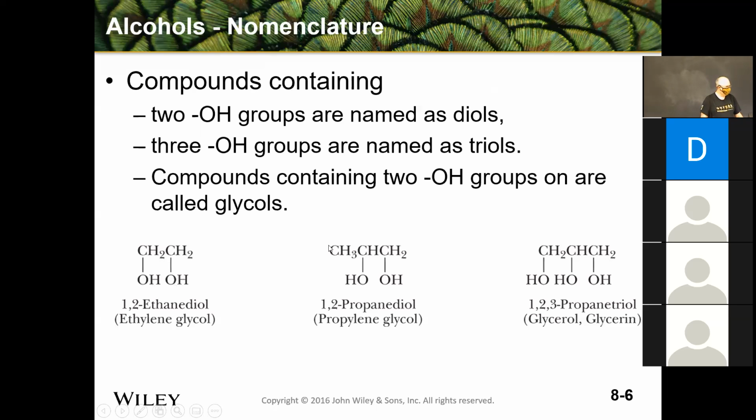Water boils at 100 degrees Celsius. 1,2-ethane diol boils at about 189, so high boiling point. Ethylene glycol and propylene glycol are mixed with water in a car's radiator. Because of the OH groups, they're both very soluble, infinitely soluble in water.